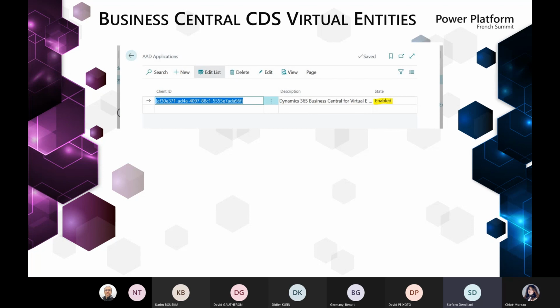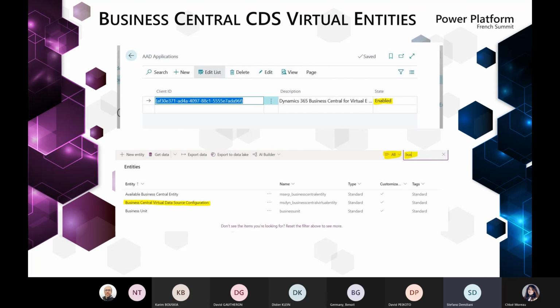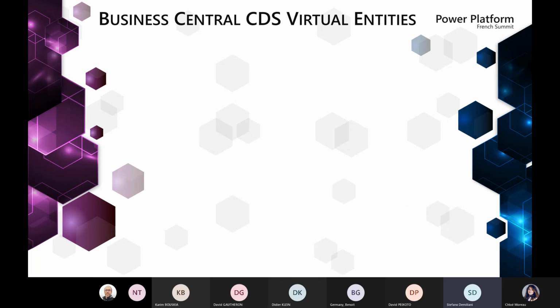This application is called Business Central Virtual Entities, and it's enabled. In CDS, if you search your entities inside your connected CDS environment, you have a new entity called Business Central Virtual Data Source Configuration. And if you click on that entity, you have the detail, you can specify the details of the connections. So what is your environment and what is your company?